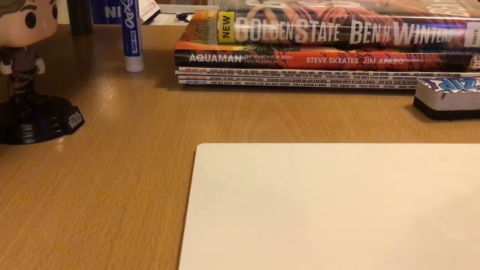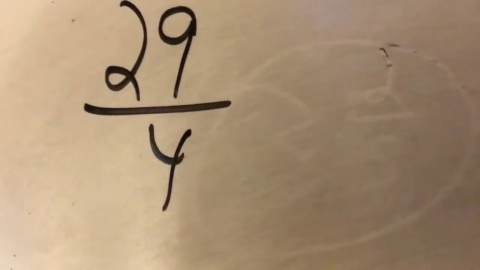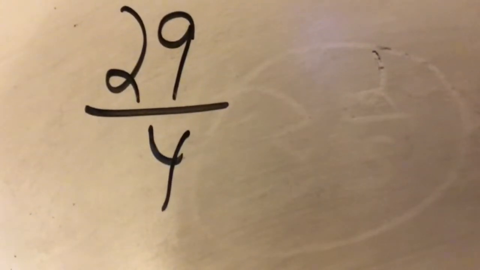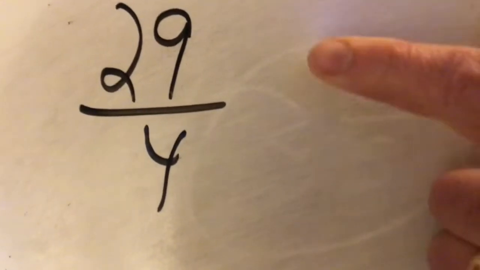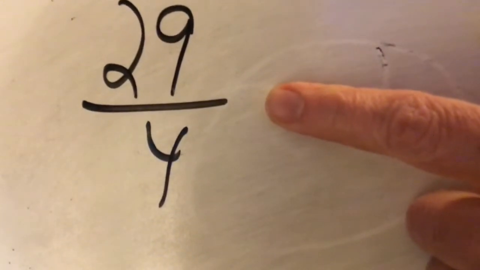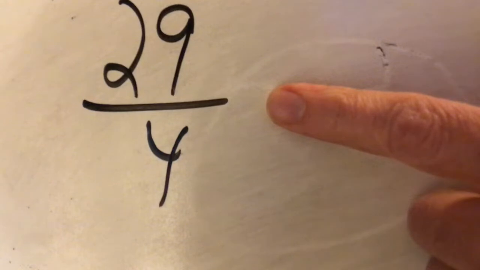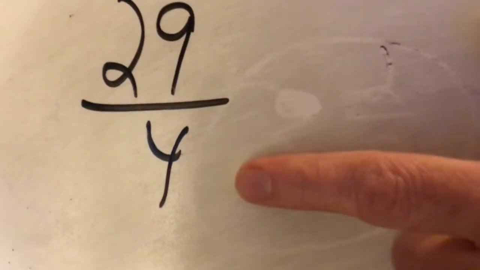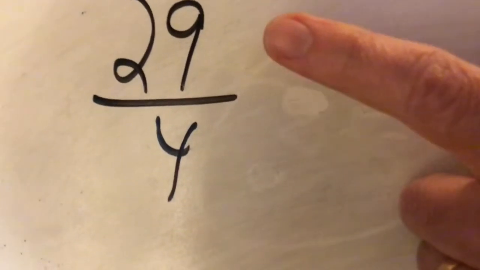29 fourths, okay? 29 fourths. So again, what we need to do is take this improper fraction and turn it into a mixed number. And our fraction bar shows us that we are dividing, exactly. So how many times does 4 go into 29?